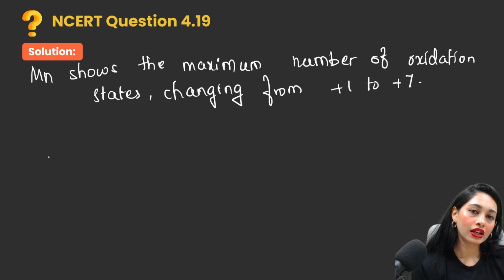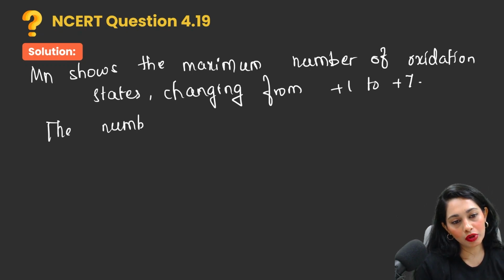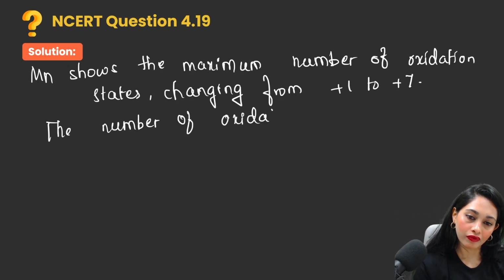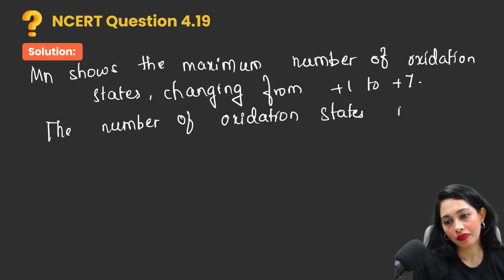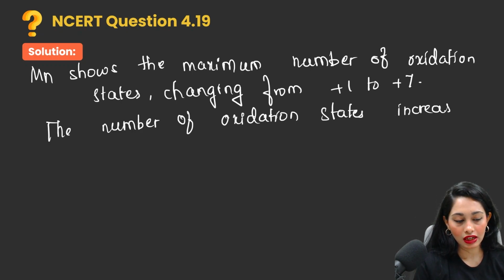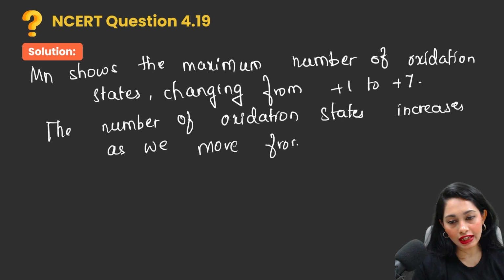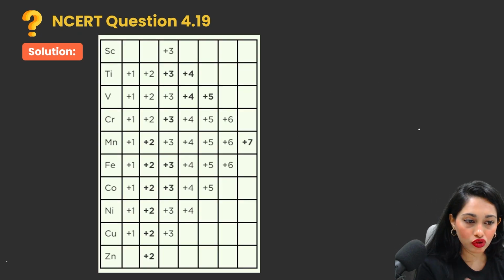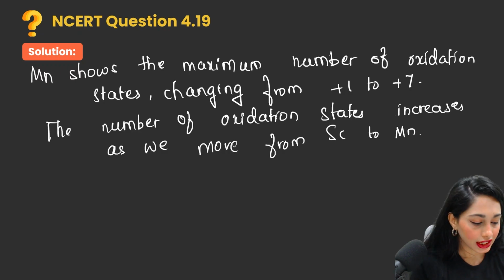Okay, so the number of oxidation states increases as we move from scandium to manganese. And then again, from manganese to zinc, the number of oxidation states decreases.